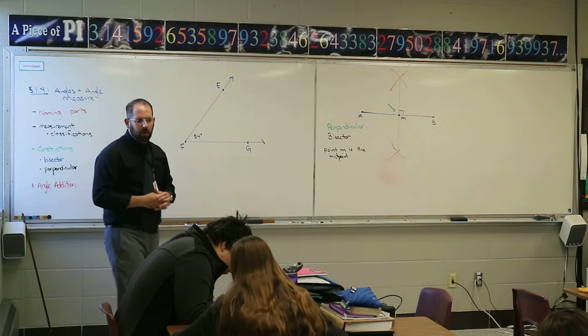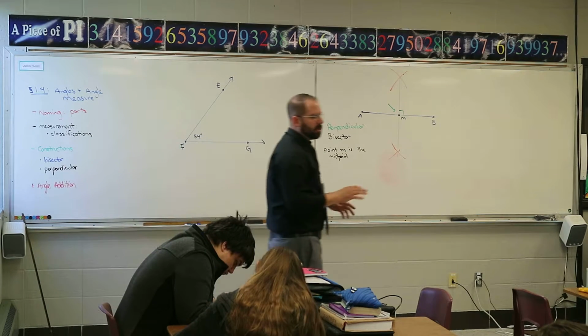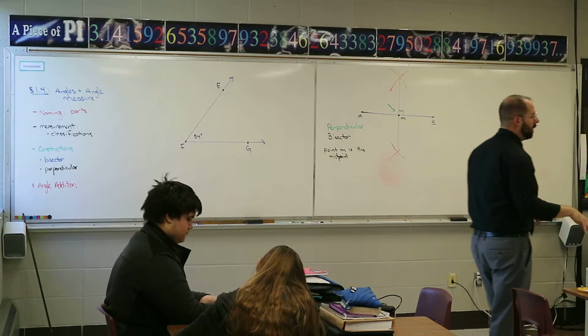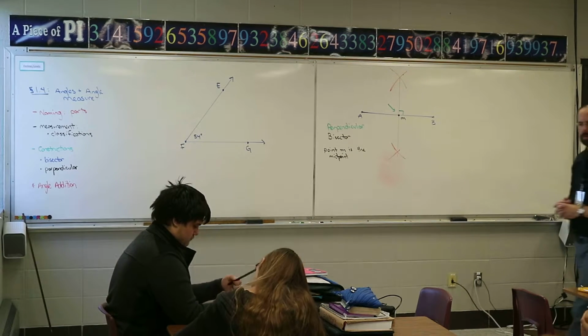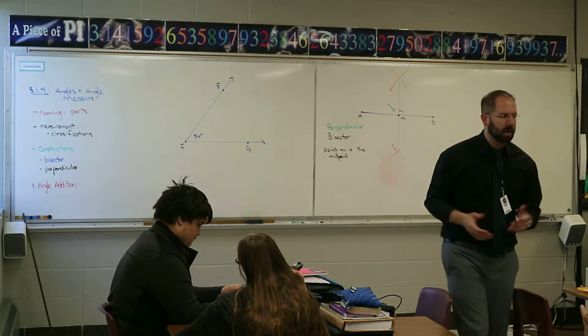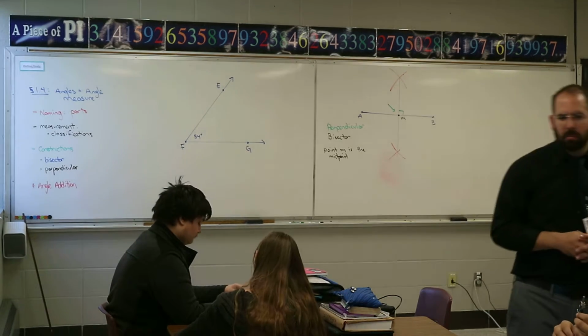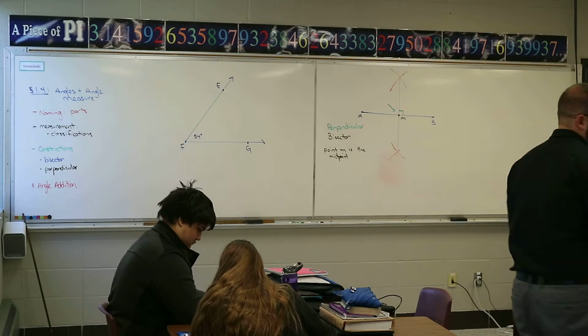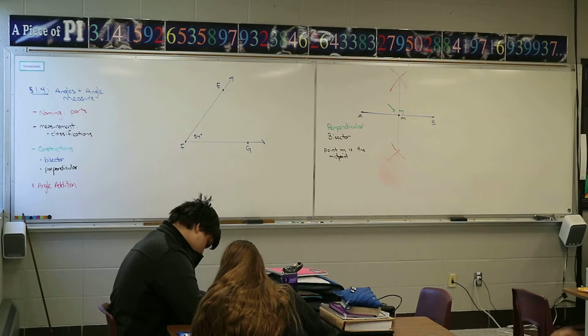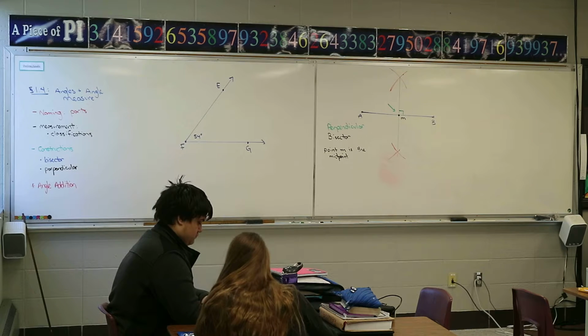Hopefully you did yours in standard position. You drew it horizontal to you, and it went up. Everyone should be drawing the same type of angle. Maybe it doesn't look exactly like mine, but okay. Mark your angle on the inside of it. Mark how big it is. So if it was like 30 degrees or 50, or 60, whatever it is. Maybe it was almost 90 for all I know.